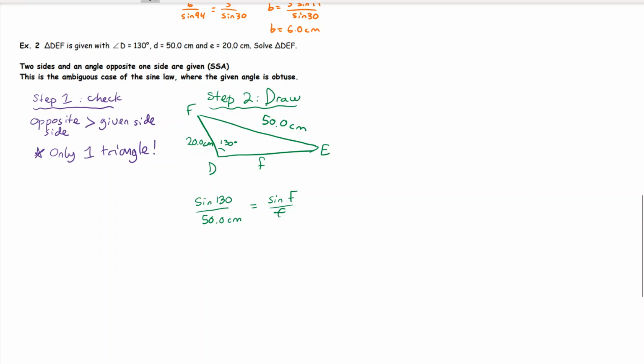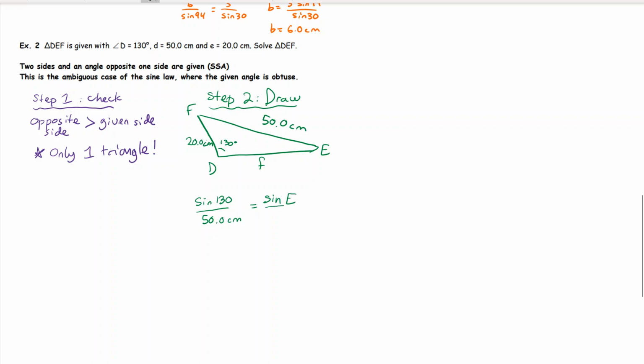If I was trying to find F here, well, I don't know what side f is, and I don't know what angle F is, so I can't really do this one yet. But I do have a side solved for E, so that seems to be the only one I can really solve right now using sine law. So I'm going to try and solve for angle E here.